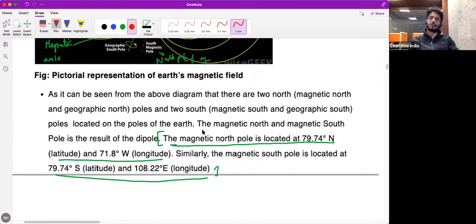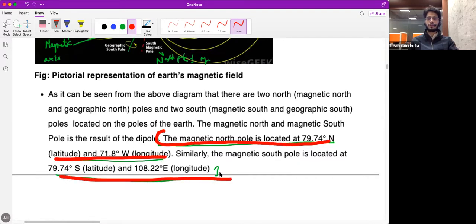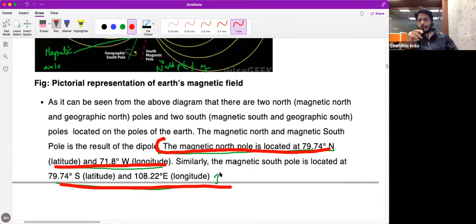Next, what we need is some elements of Earth magnetic field. So first of all, you should remember this thing. Note it down. First thing, the magnetic North Pole is located at this latitude and longitude, and this is the latitude and longitude for the South. So these are the coordinates of the magnetic North and the magnetic South.